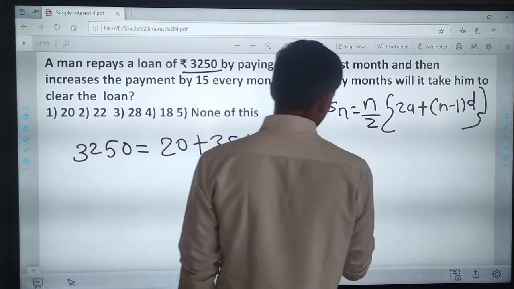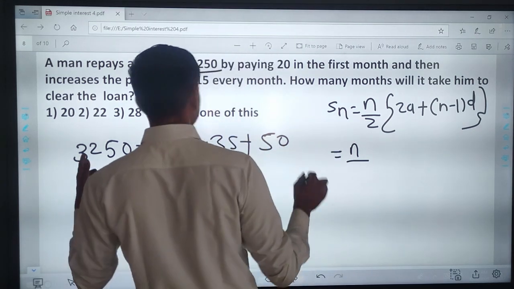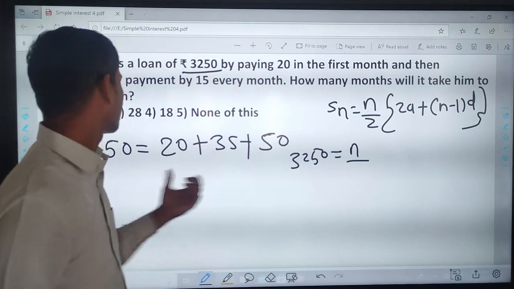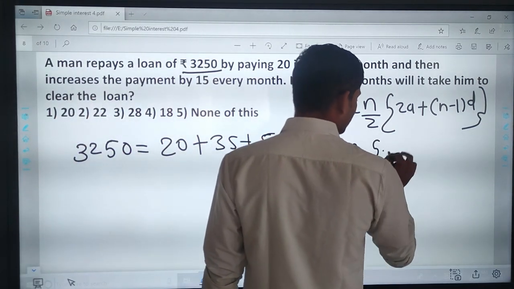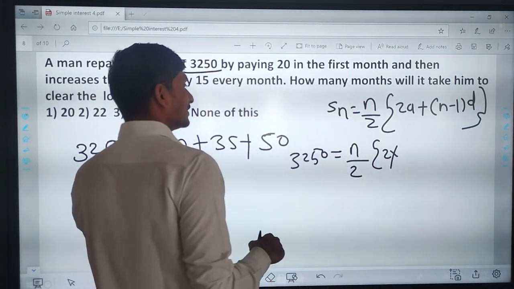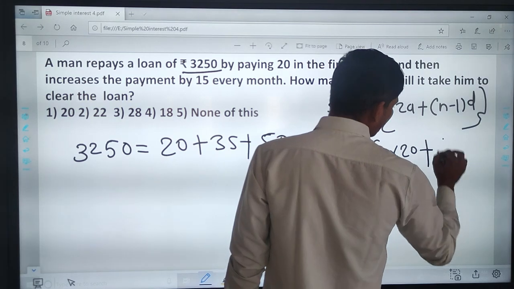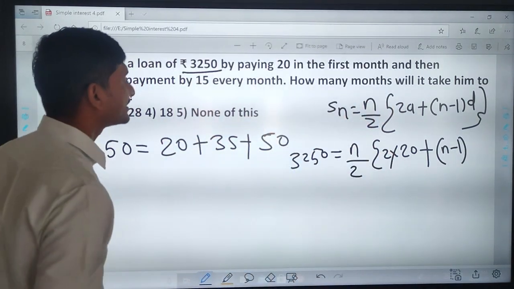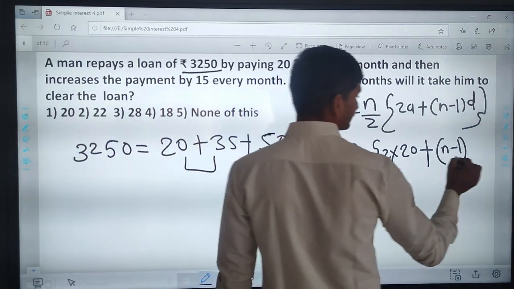We find the value of n. Sn means the value of Sn is 3,250. Here a means your first installment, and d means the difference between these two installments, which is 15.